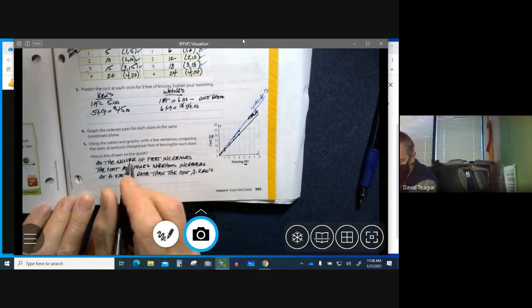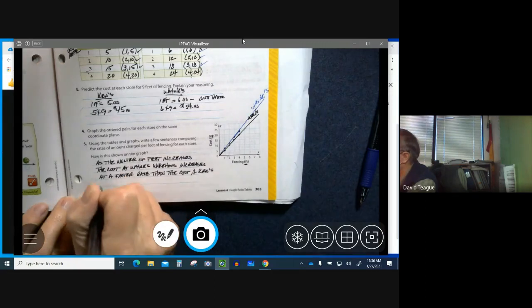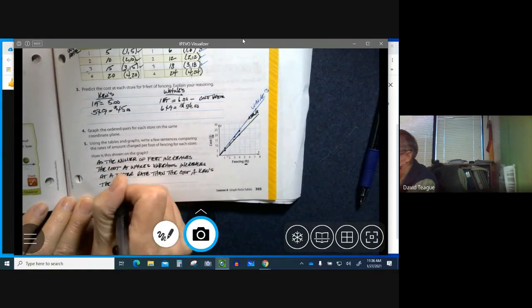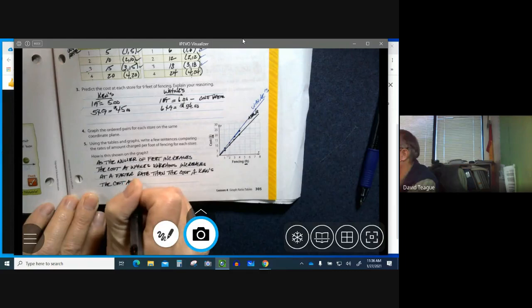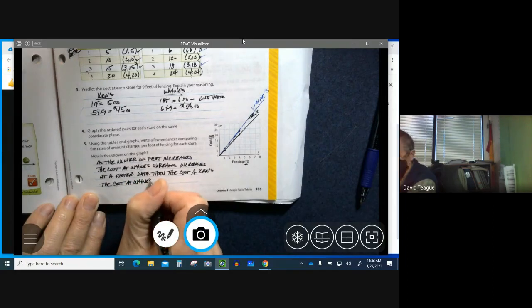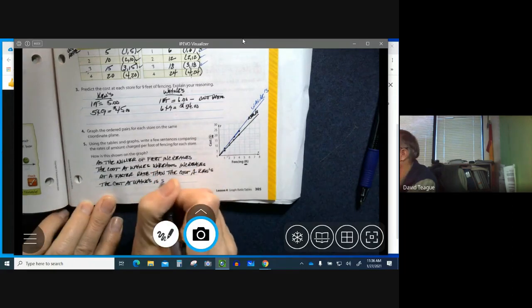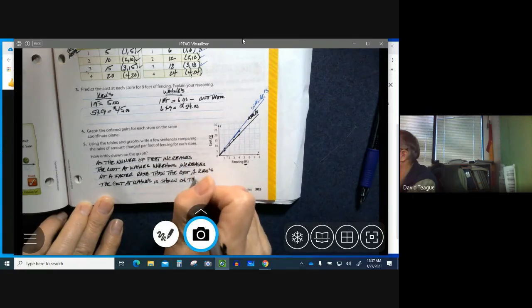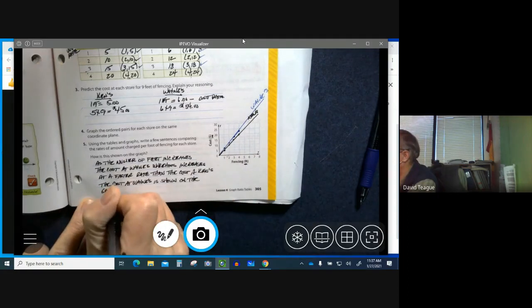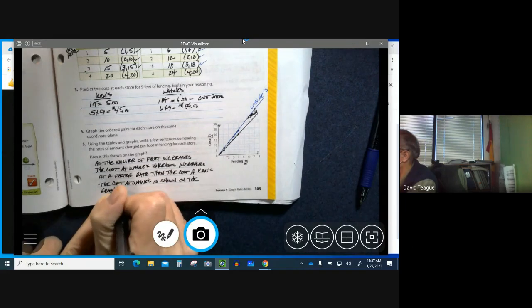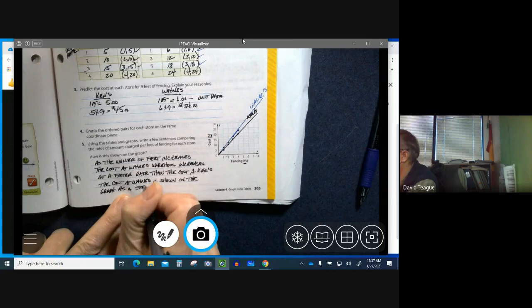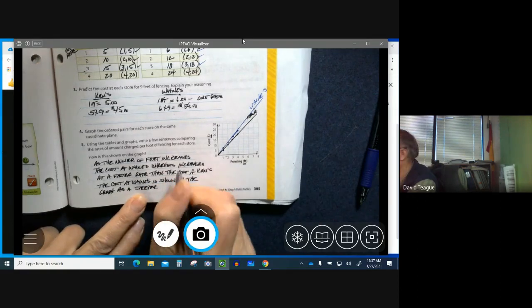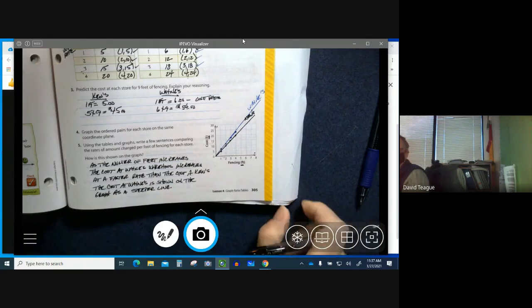So we can say that the cost of fencing at Wayne's is shown on the graph as a steeper line.